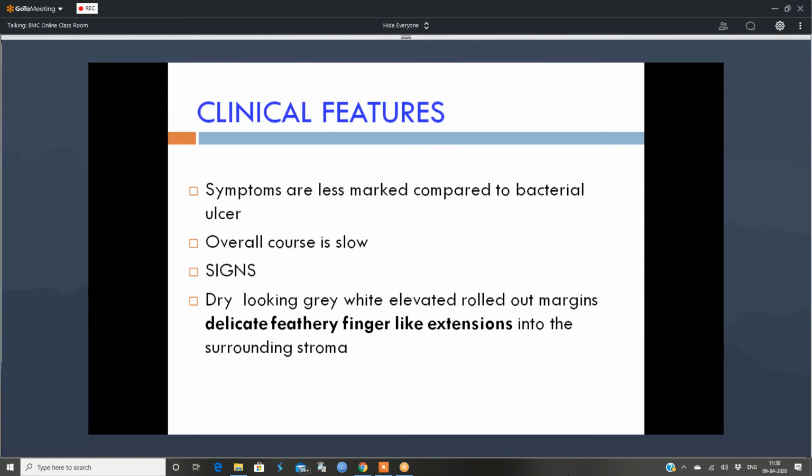When we write the differences, we say in bacterial ulcer the signs and symptoms are equal in proportion. In fungal ulcer, the symptoms are very less when compared to the signs. And in viral ulcers, the signs are very less and the symptoms are very high. So the scale goes like this.